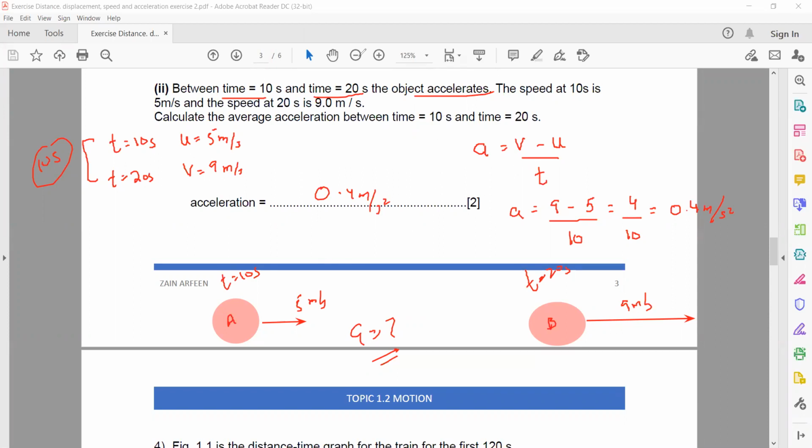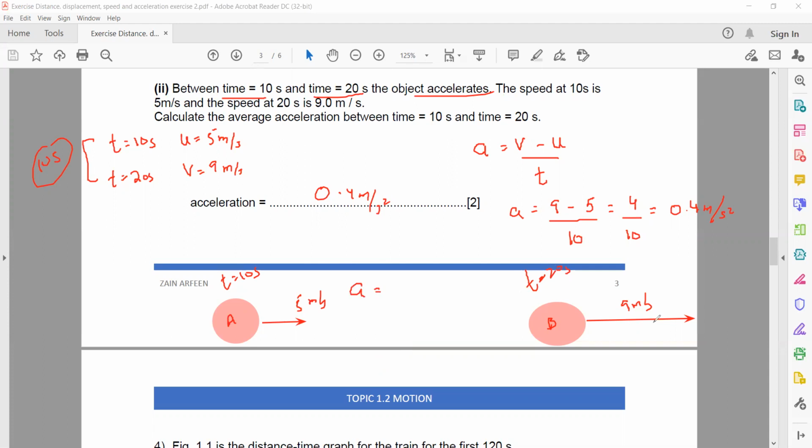Acceleration is the change in the velocity divided by time interval. When time is 10 seconds, the speed of the object is 5. When time is 20 seconds, the speed of the object is 9. So how to get the acceleration?